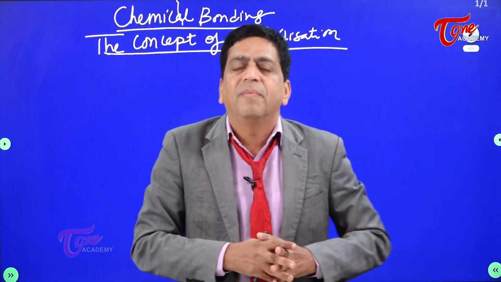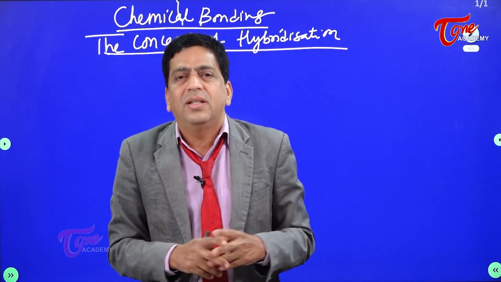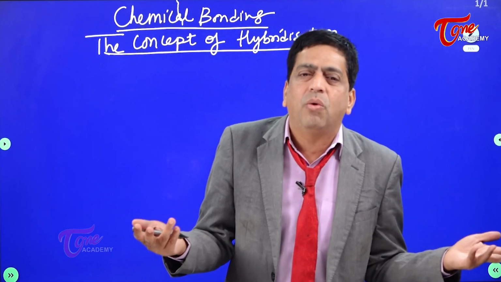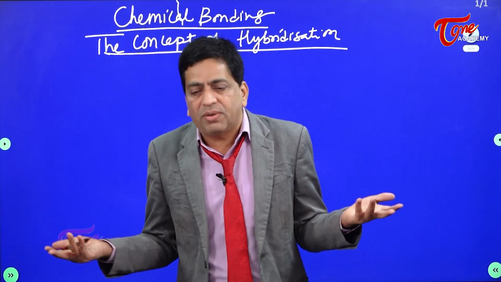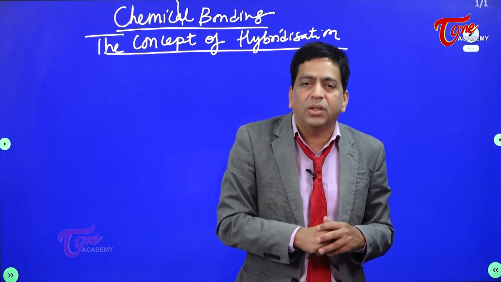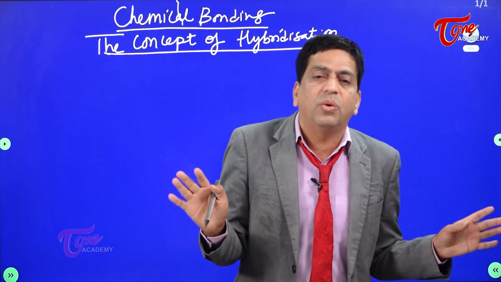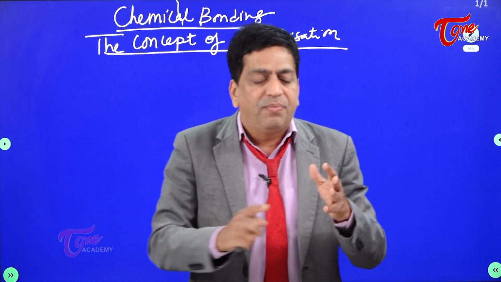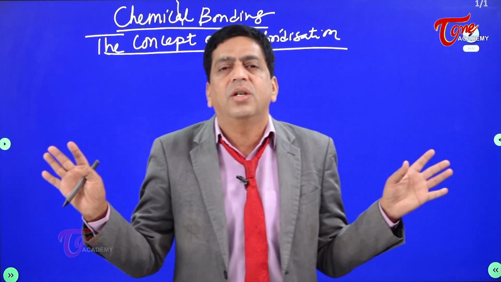One more thing which is absolutely silly and ridiculous is that he says whenever the p orbitals are involved in bonding, the bond angle remains 90 degrees, which is further silly and ridiculous for me. Because if that is the case, then all the 6th group hydrides and all the 5th group hydrides, he's basically telling me that ammonia, PH3, water, H2S all have bond angles equal to 90 degrees.